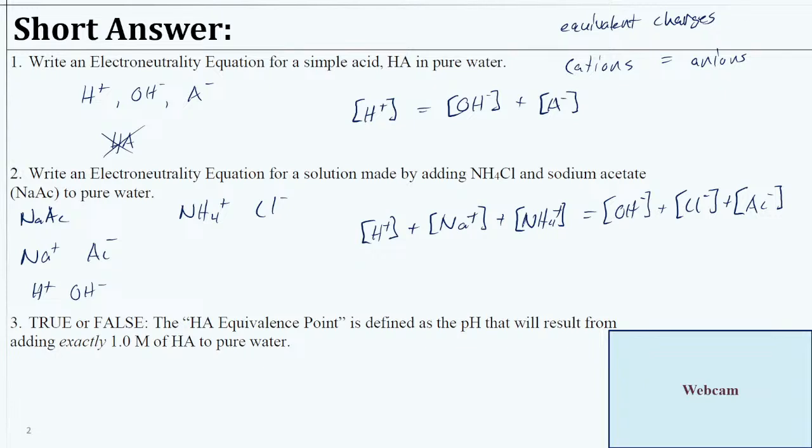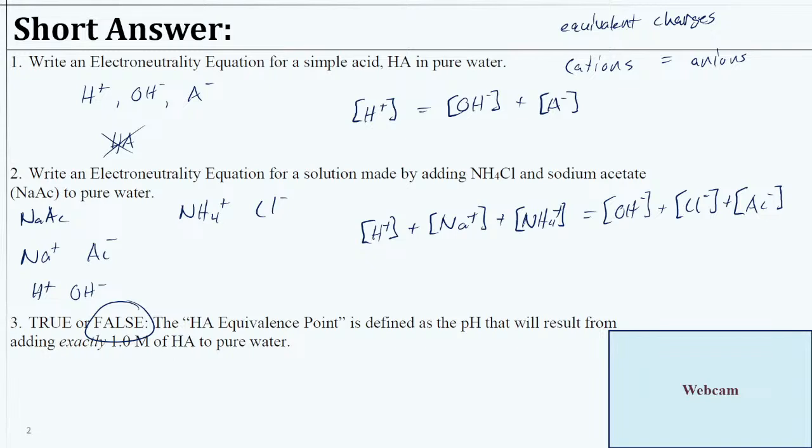All right. So then we have the true or false question that says the HA equivalence point is defined as the pH that will result from adding exactly 1 mole per liter of HA to pure water. This is false, so hopefully, even if I'm not grading yours today, you got it right again. We define the HA equivalence point as the pH where we added the acid all as HA.